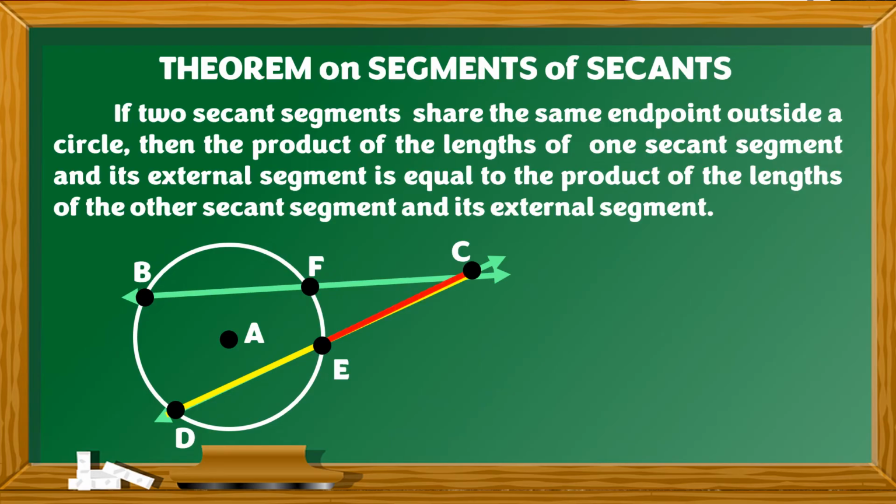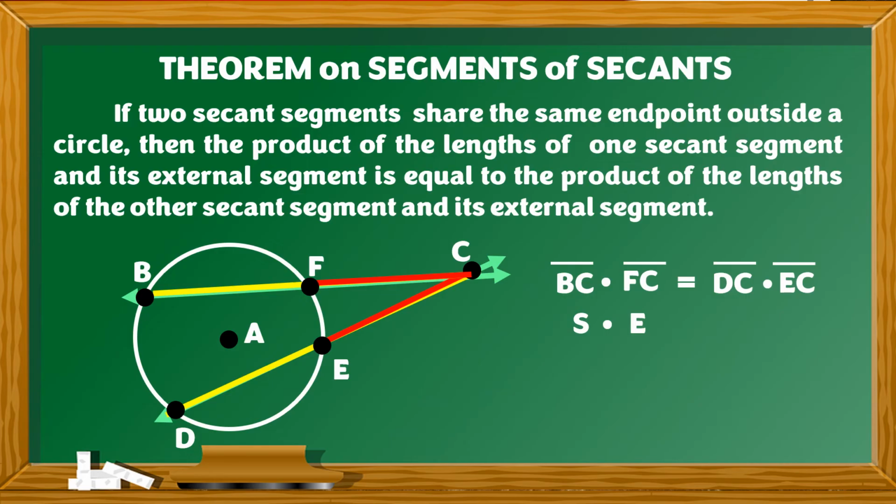is equal to the product of the length of the other secant segment and its external segment. So if we're going to write the given theorem as a mathematical expression, we have line segment BC, that is the secant, times line segment FC, that is the external segment, is equal to line segment DC, that is the secant, times line segment EC, that is the external segment.